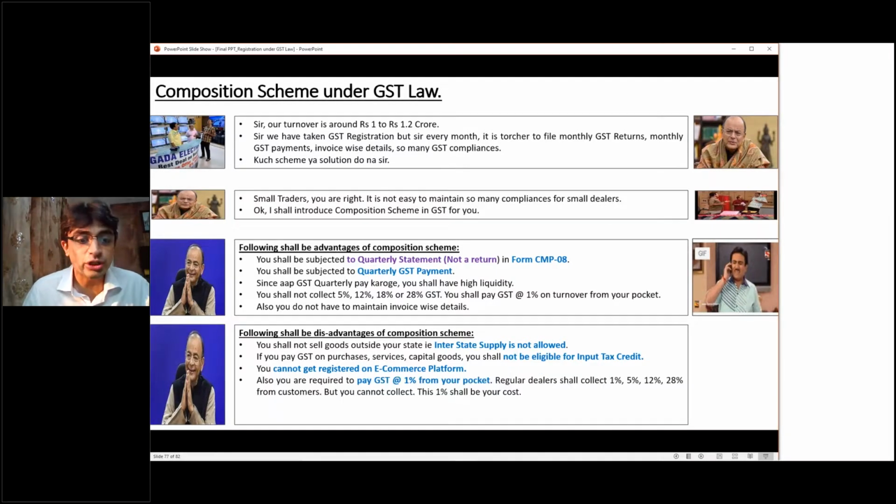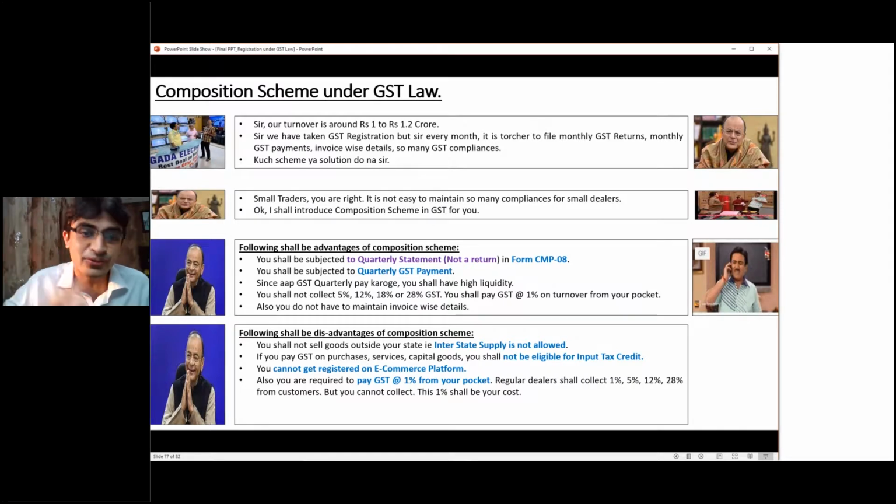No registration on e-commerce. Fourth, normally what happens? The supplier collects GST and pays it to the government. Suppose I have sold this mobile to you, I will collect 1 lakh from you, collect 18% GST and pay it to the government, right? But if I am under the composition scheme, I have to pay 1% GST from my own pocket.